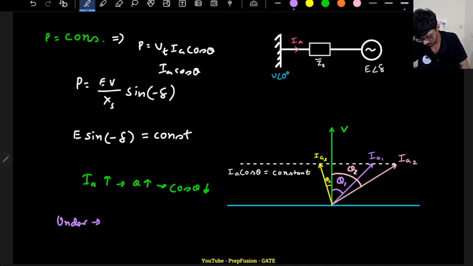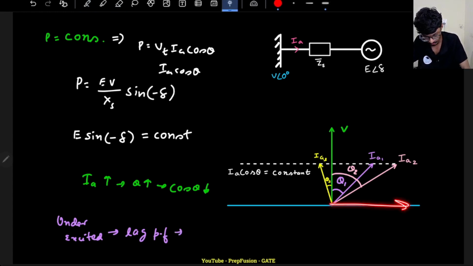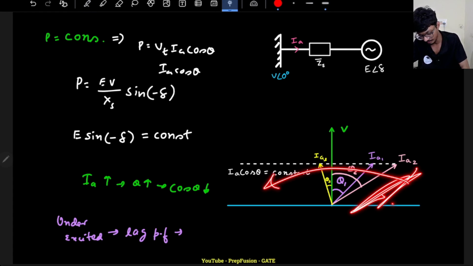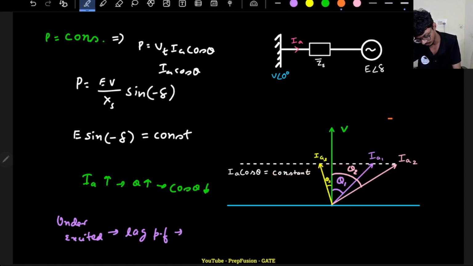If it is operating at lagging power factor, my Ia maximum will be somewhere here. Slowly it will come to leading. So my Ia will start from the right hand side and go to the left.